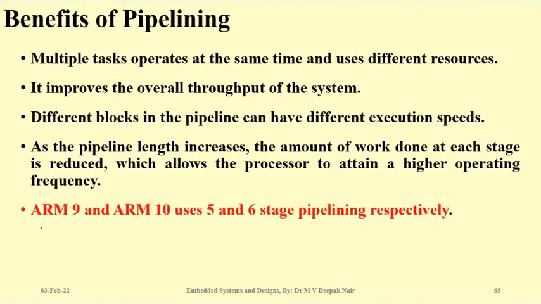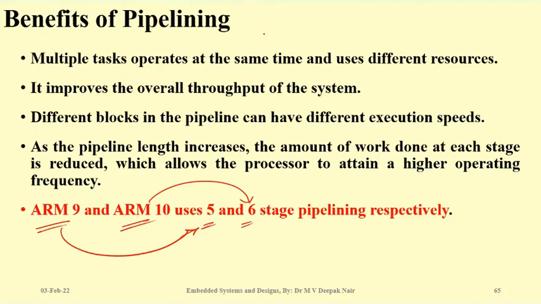Now, an important thing to remember is that the newer ARM Cortex or ARM processors like ARM 9 and ARM 10 use longer pipelining. ARM 9 uses 5-stage pipelining. ARM 10 uses 6-stage pipelining.